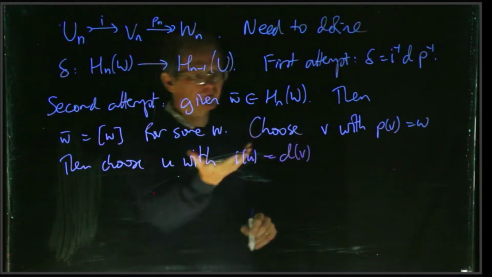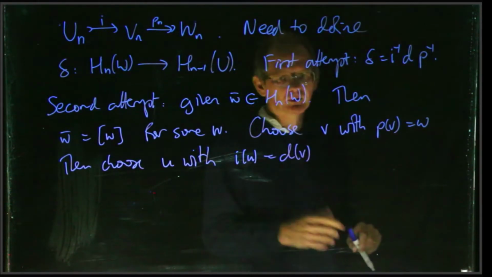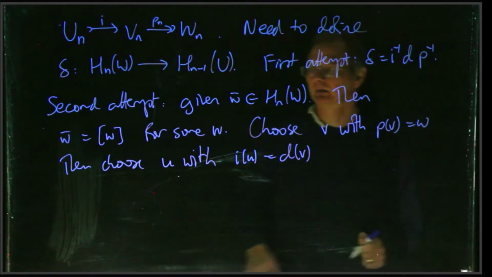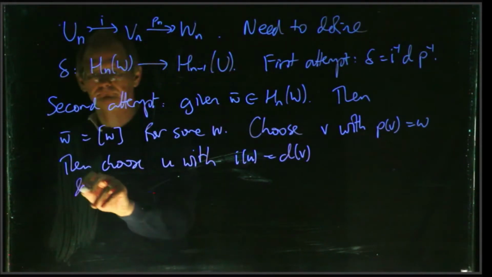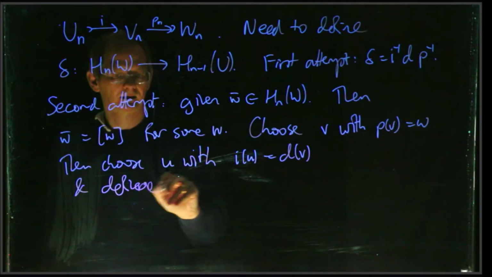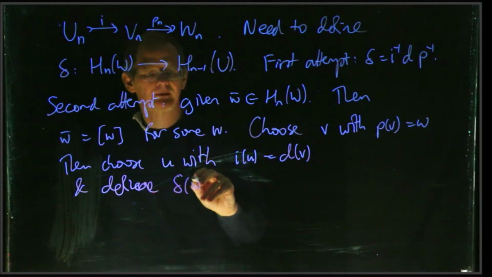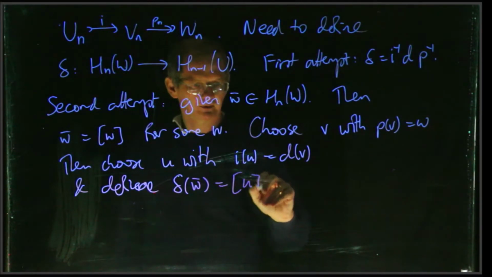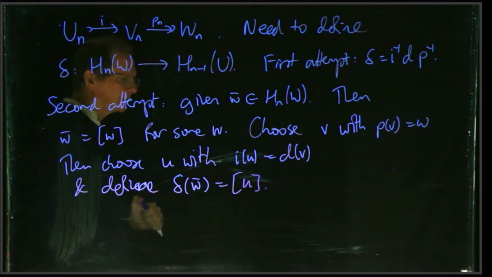Okay, so in other words, U is a choice of I inverse dV, or I inverse d P inverse W. And then I want to define delta of W bar to be the corresponding homology class.